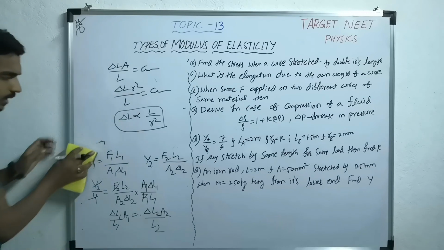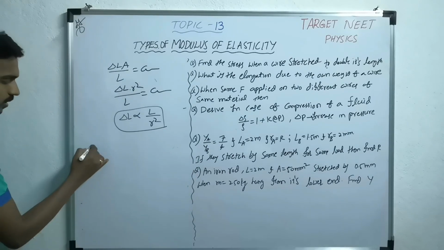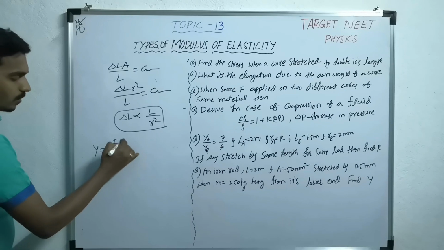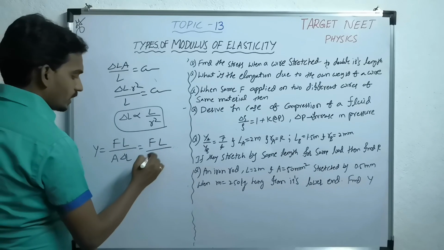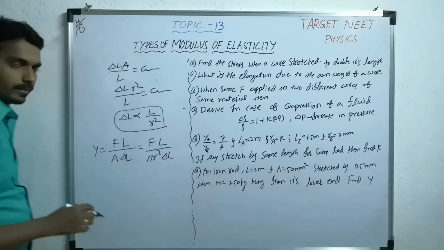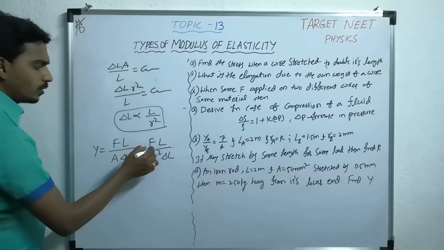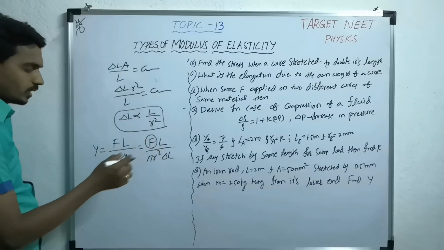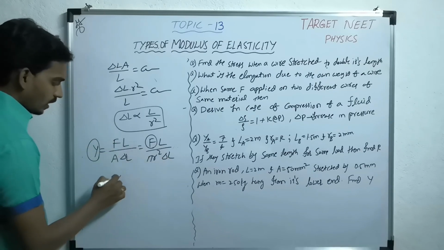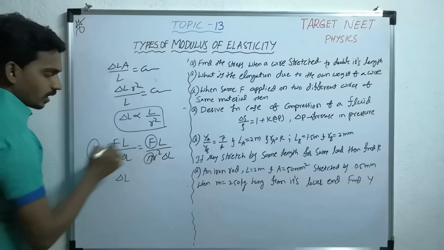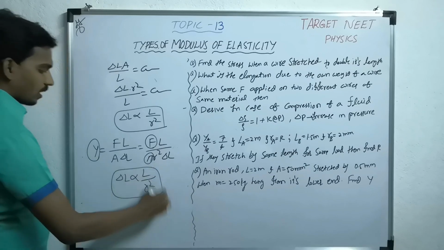In another simple way, when the comparison type questions come, Y equal to, what is the formula? FL by A delta L. Then FL by A is pi R square delta L. Then here itself you consider whatever is same for both of them as constant, because in ratio they get cancelled. F is same, Y is same. Then delta L, if you bring this side, pi is also constant. So delta L is proportional to what? L by R square.